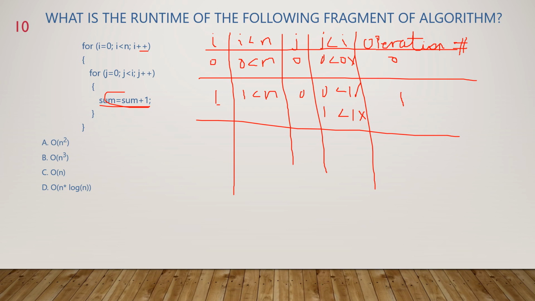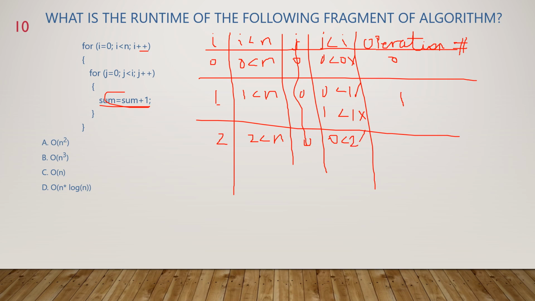Again, the loop goes back to the outer loop, and I is incremented. I will be 2. 2 is less than n, and J is 0. 0 is less than I, which is 2, that is true.